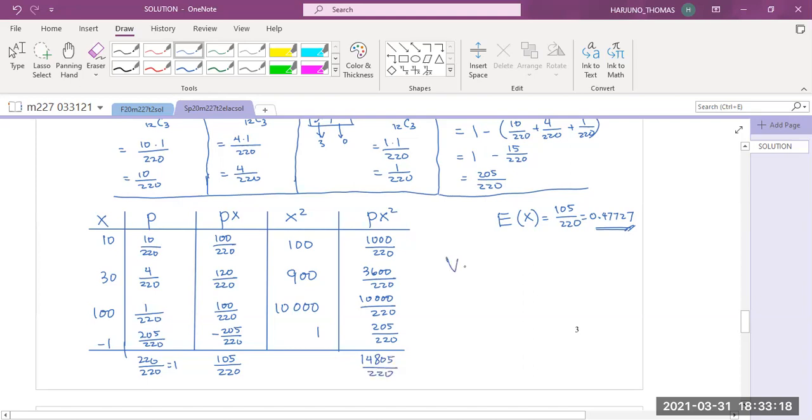So the variance will be 14,805 over 220 minus 105 over 220 being squared. Okay, and I use my calculator. You need to know how to use your calculator for this though.